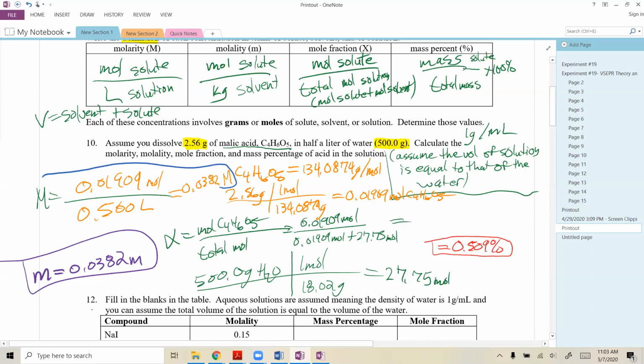Now, do we need to divide that by, or do we need to multiply that by 100? Or do we just need to report it as the decimal? Report it as the decimal.